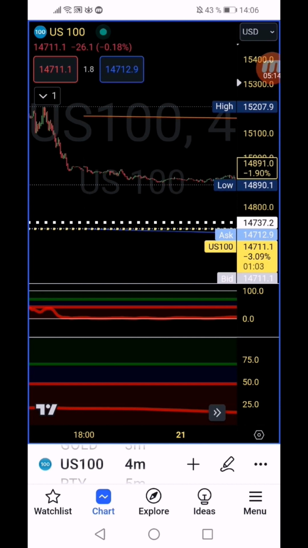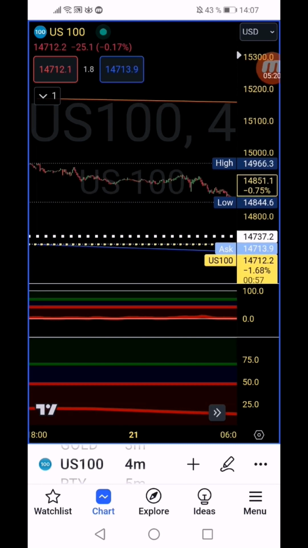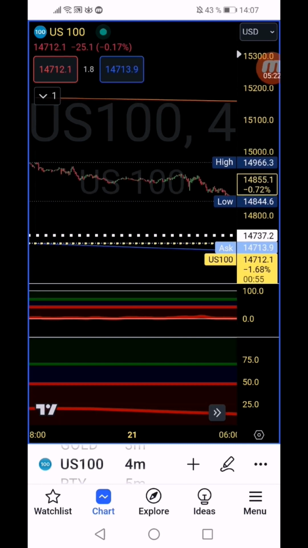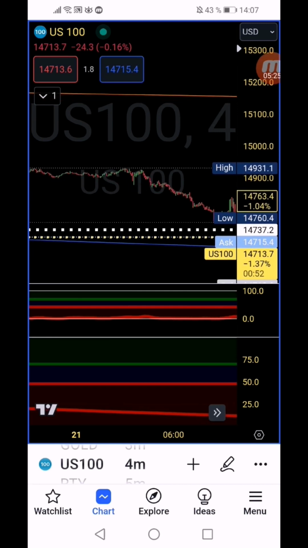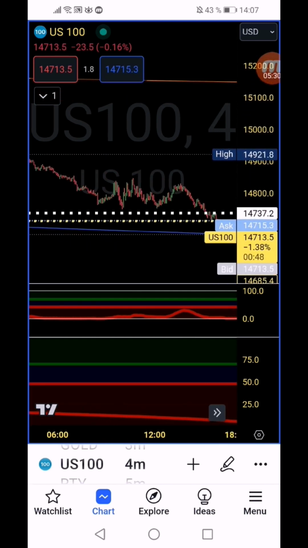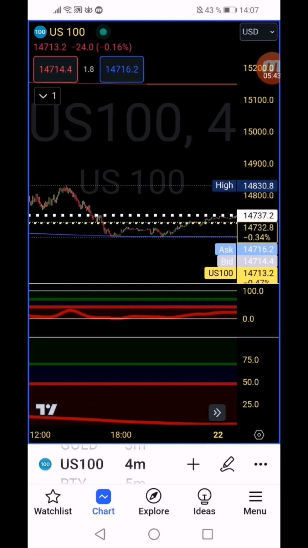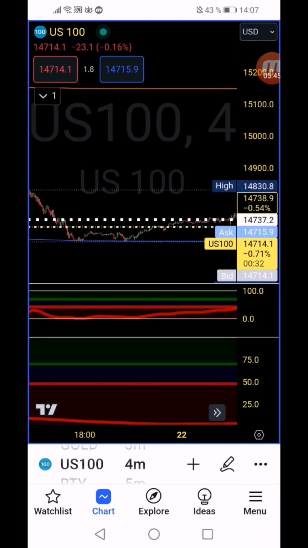It's continuing. We do nothing. Even if the market is going a little bit higher, we don't do anything because the indicator tells us stay in the market. And then after a while, we started at 15,300. Now the price is 14,700, so we are big in profit but have not taken any profit.